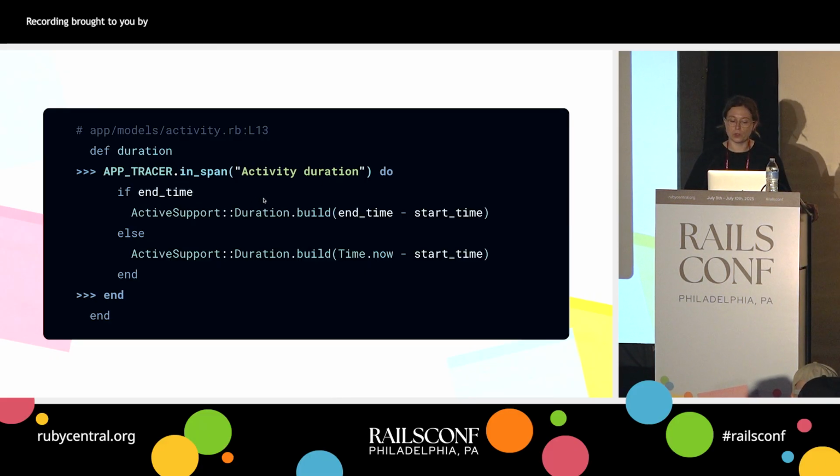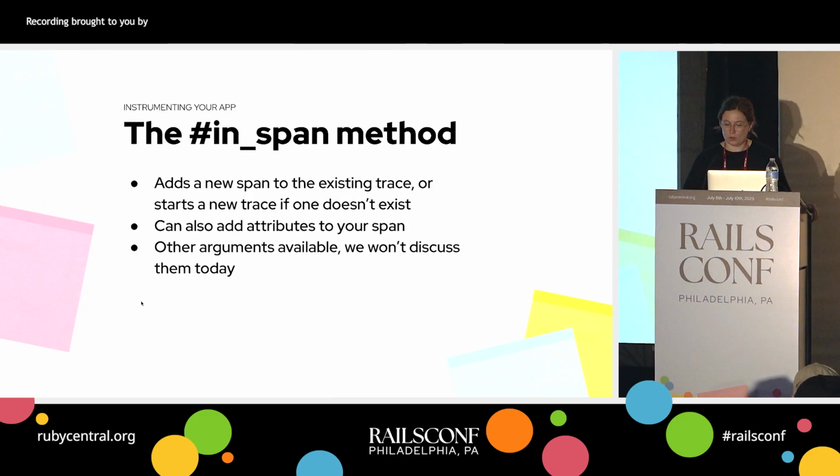And since we want to record this whole method, we start that at the top, open up a block, leave the original code here, and add an end at the bottom. So this in_span method will add a span to the existing trace, that existing overall journey, if there is one, and if it doesn't exist, it will start a new trace.